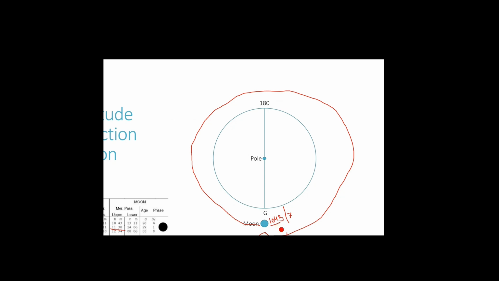Now this delay which has happened has happened over this entire 360 degrees. The moon has moved by 360 degrees. This delay has happened over 360 degrees.